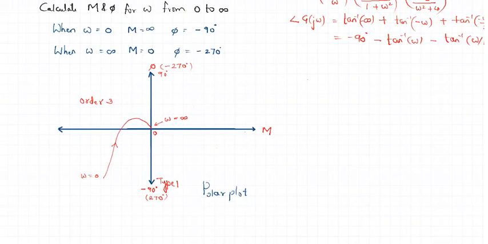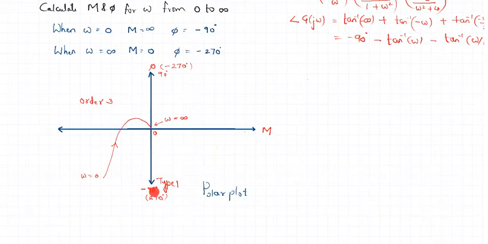When we begin with the polar plot, what is essential is to recall the type and order of the system. The type of the given system was type 1. The order of the system was 3. So we know now that the system is of type 1, so it's going to be related with this particular axis of the system.